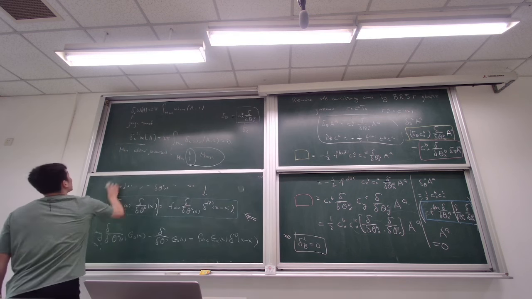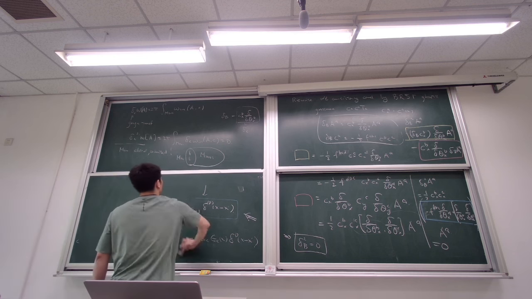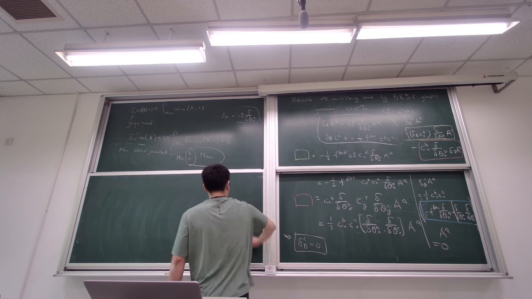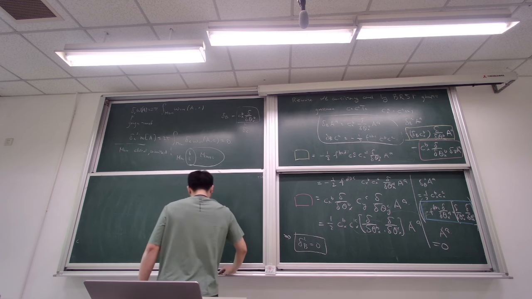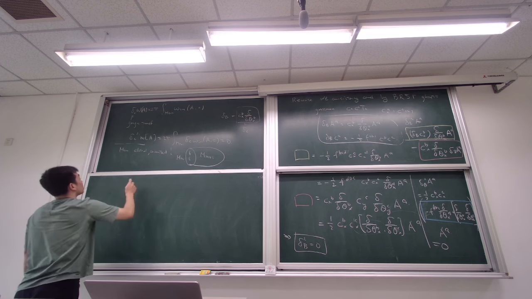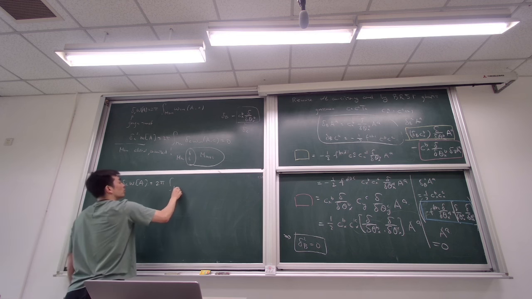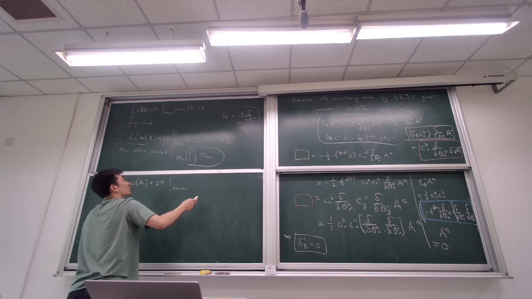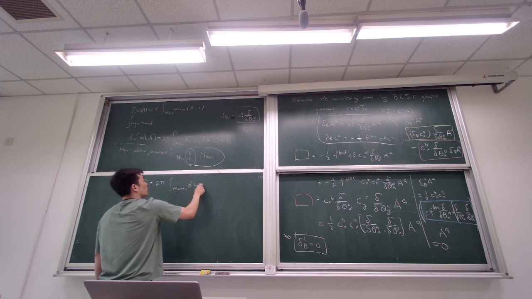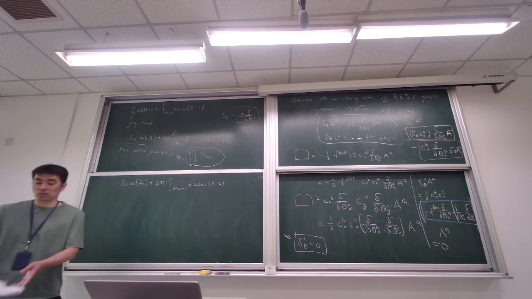Then this anomaly delta WA can be written, by Stokes theorem, as 2 pi integral over n plus 1 dimension of d omega to n is C. Okay, so it's just a Stokes theorem.